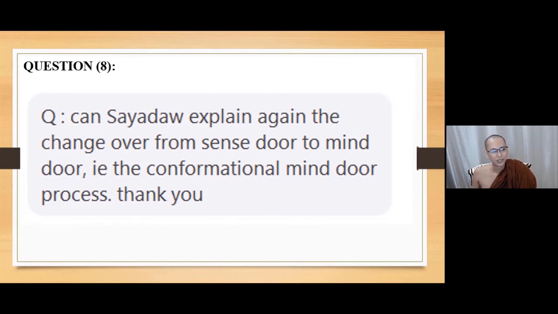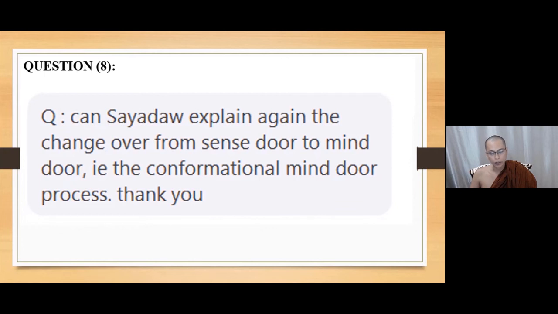Okay, so the conformational, etc., the 7 consequent processes are just the following process of the 5 physical doors.